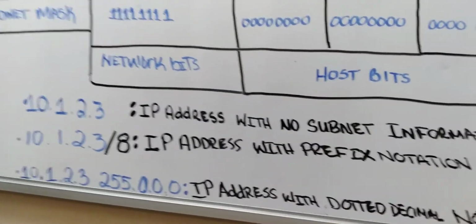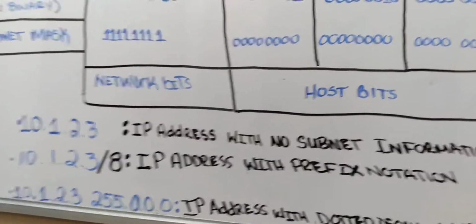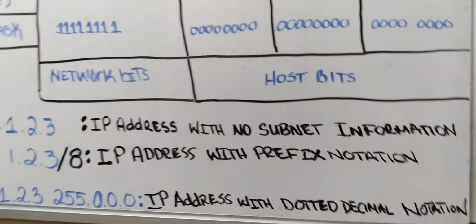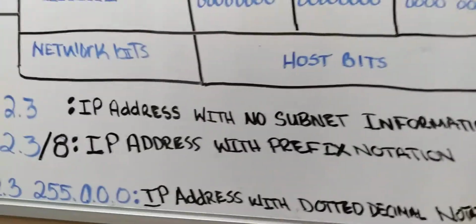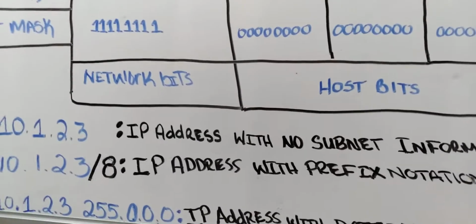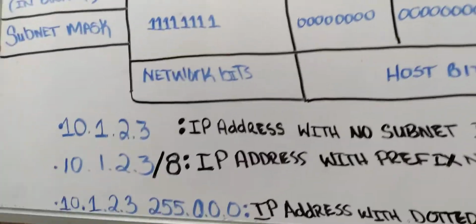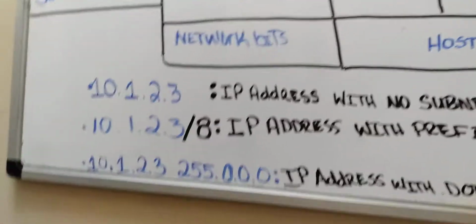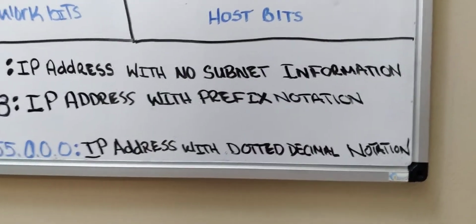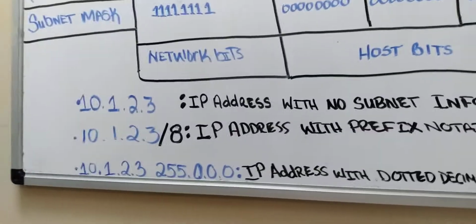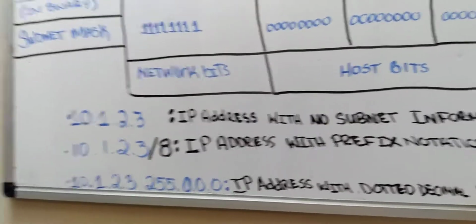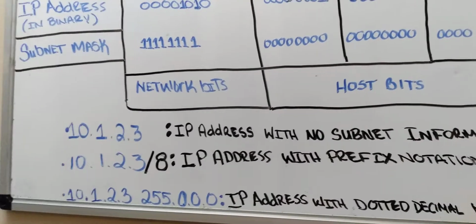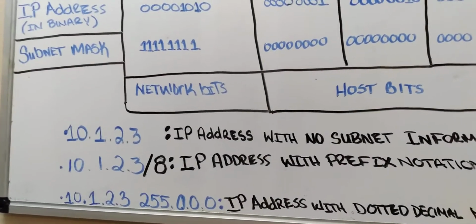The grouping of 8 ones in the subnet mask translates into 255 in decimal dotted decimal notation. We call each of those 8-bit sections octets, meaning 8.